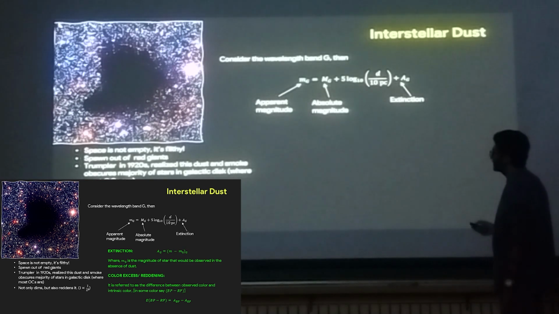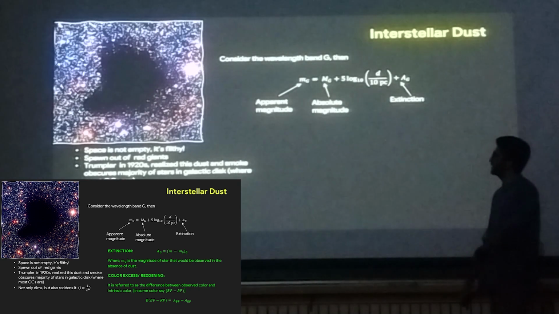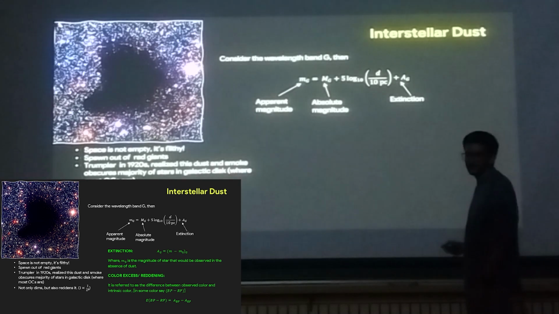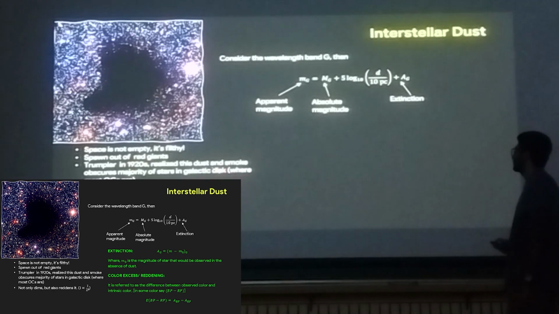So dust not only dims, but it also reddens the light. We know from the Rayleigh scattering law that the scattering intensity is proportional to 1 over wavelength, lambda to the 4.